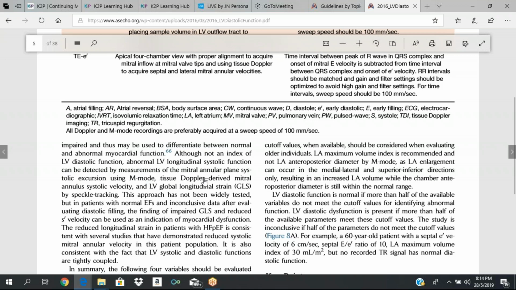We can also do tissue Doppler derived mitral annular systolic velocity, just as we do RV systolic velocity. We can use the Doppler derived mitral annular systolic velocity and LV global longitudinal strain by speckle tracking echo to look at the longitudinal systolic function.